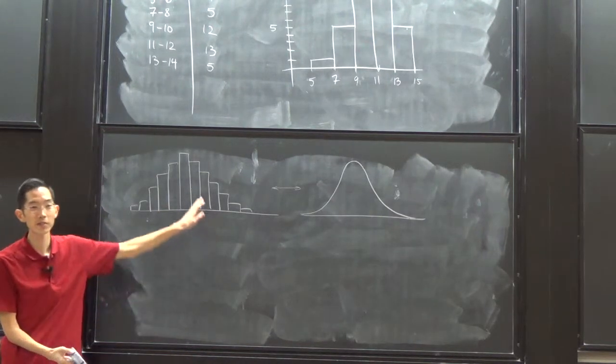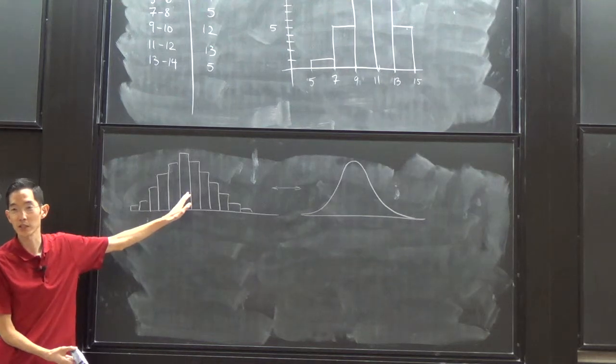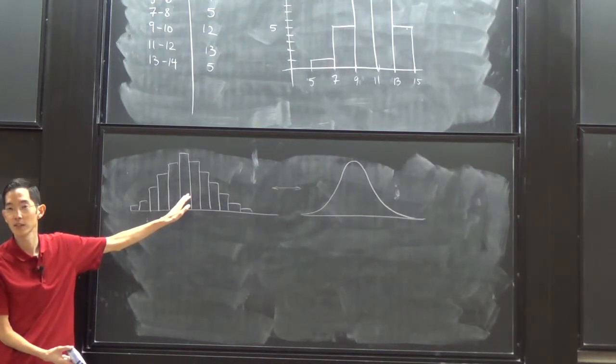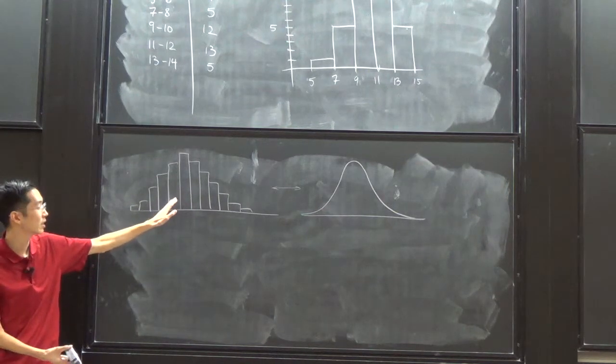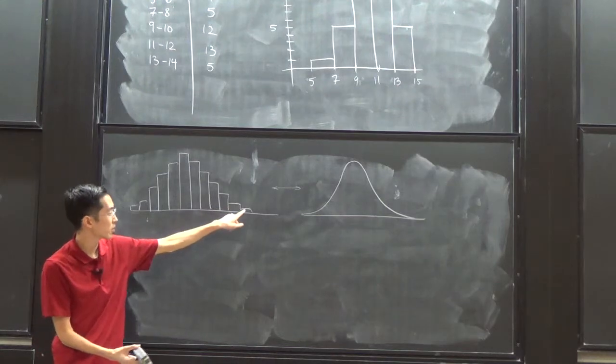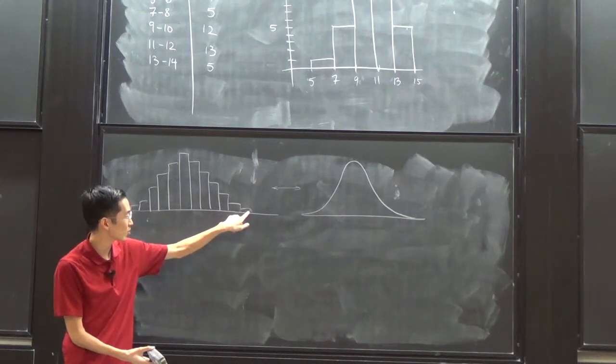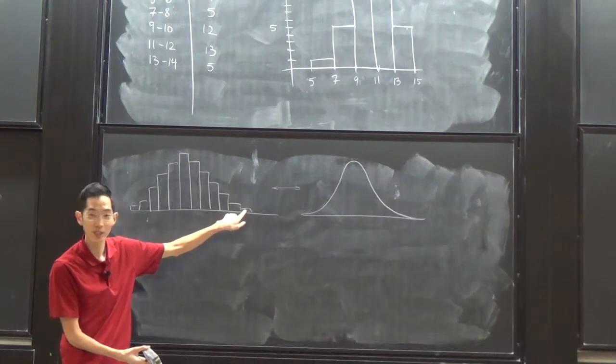Before I move on, what kind of variable am I looking at here? A numeric variable. Okay. What does this represent?